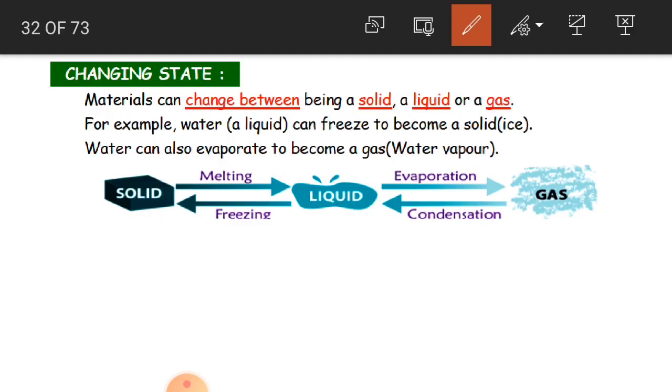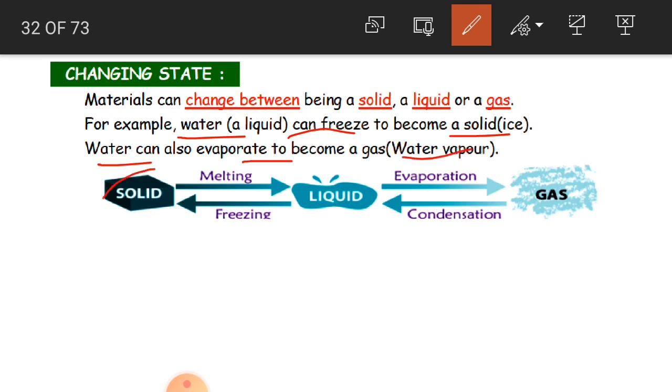So these three, solid, liquid and gas, can change into any of these forms. For example, as we have already learned, water is a liquid, and when you freeze it, it is going to become ice, that is solid. And water can also evaporate to become a gas, that is water vapor.